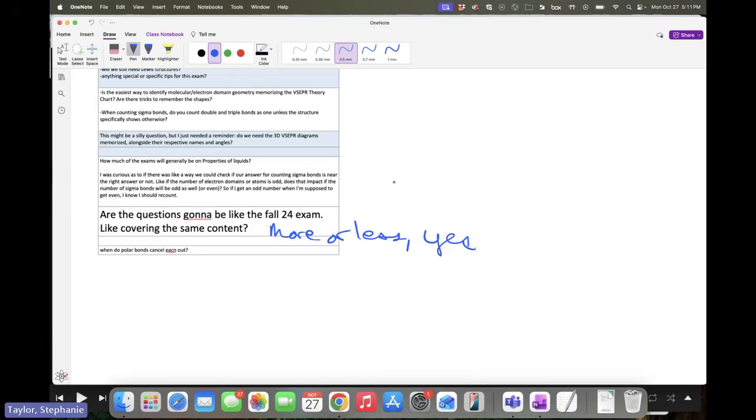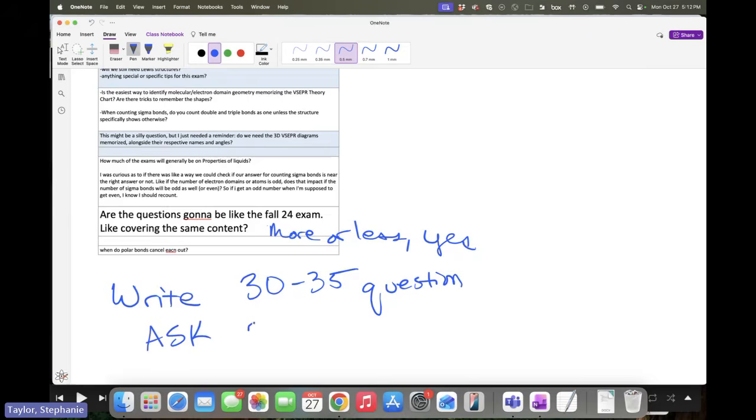And this is the reason why it says more or less. The way that we write exams in general is we write more questions than we ask. We write somewhere between 30 to 35 questions, and then we ask 28 to 30.